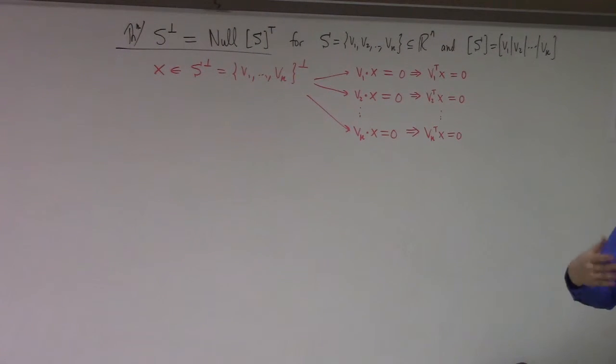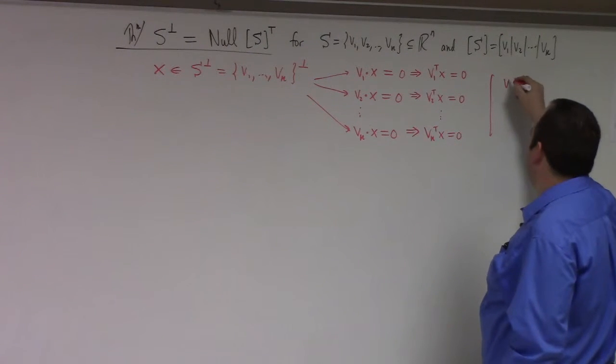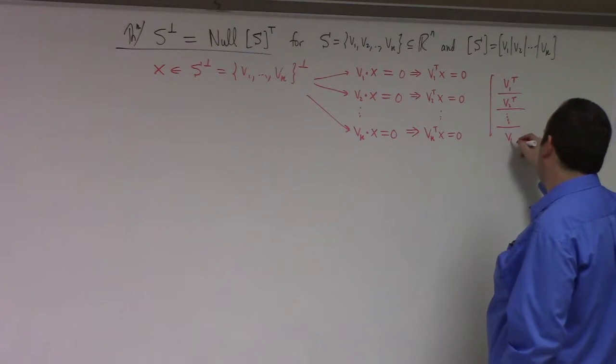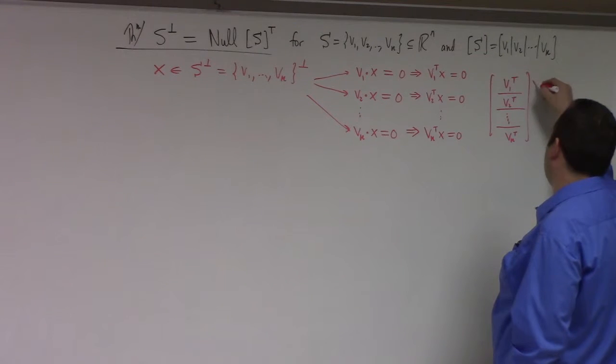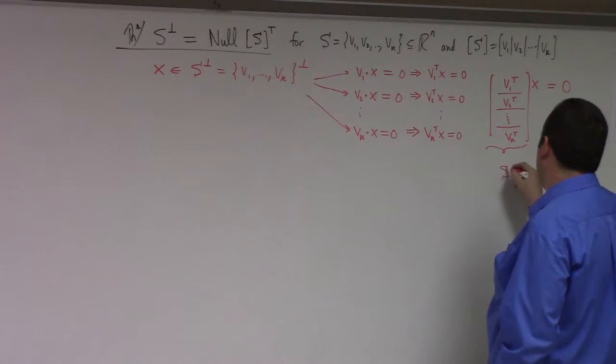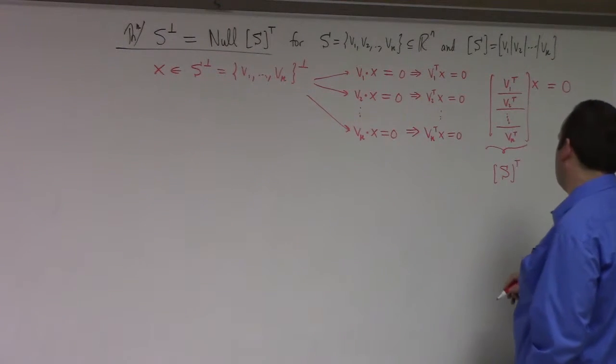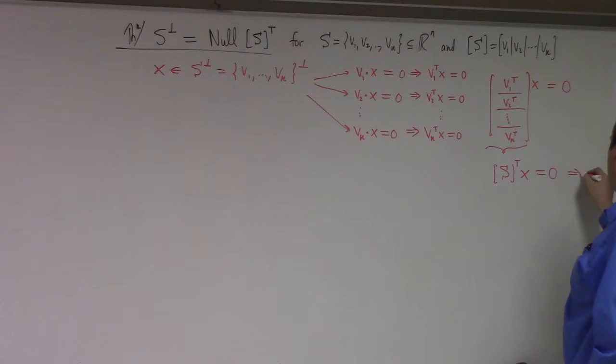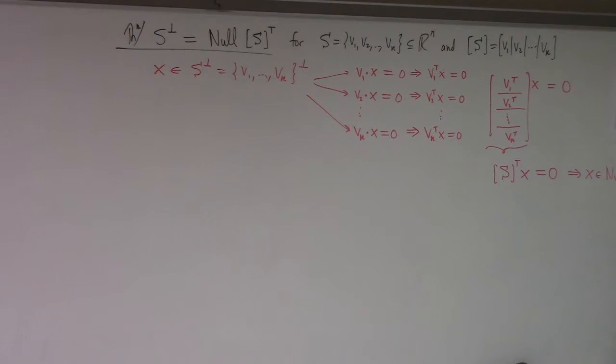But we have these k separate equations, right? And you can just collect them into one big matrix equation using properties of matrix multiplication. You just get v1 transpose, v2 transpose, vk transpose, all times the column vector x equals 0. But this is precisely the matrix S transpose. And so we have this equals 0, which is, of course, to say what? x is an element of the null space of S transpose.